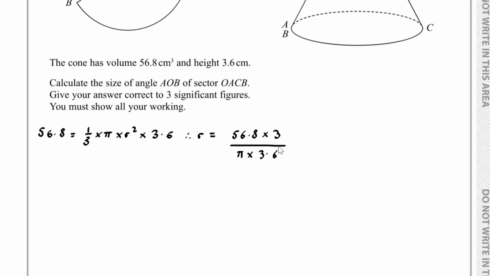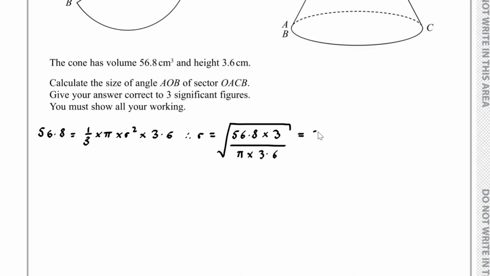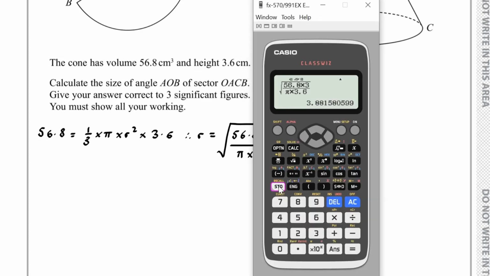All I've just done over here is rearrange for r. Then I'll square root this. So if I work this out, we've got the square root of 56.8 times 3 divided by pi times 3.6. So we get 3.88, etc. centimeters. So I think if we store this into A, that might be a good idea.